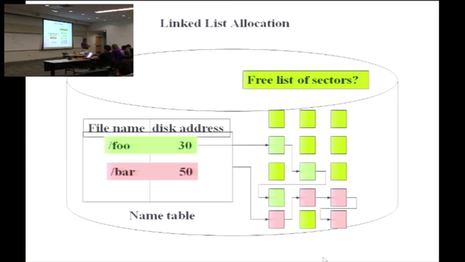So these data structures that the operating system maintains are all persistent data structures. This data structure better not go away, because if you reboot the machine and don't have it, then you're completely hosed, right? So all of these data structures are on the disk. The free list is on the disk, and this linked list that says this is the set of blocks that foo has, this is the set of blocks bar has, they're all on the disk, okay?